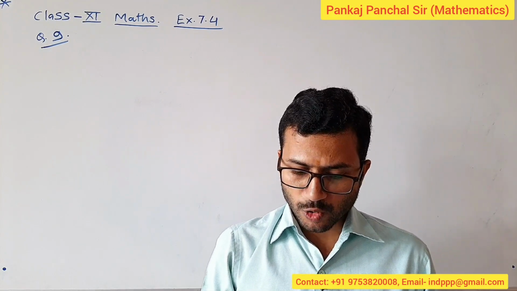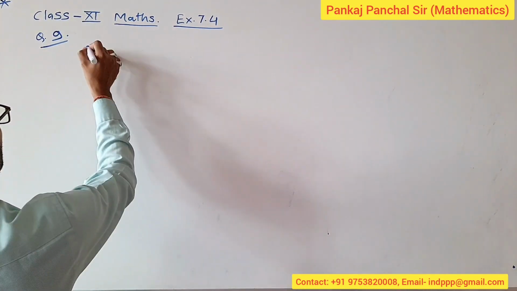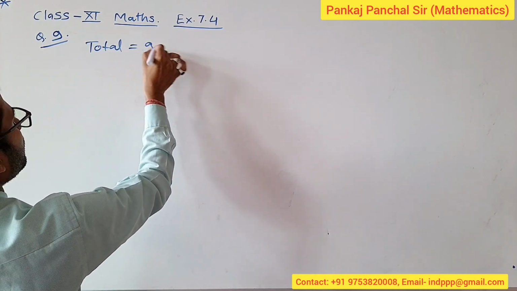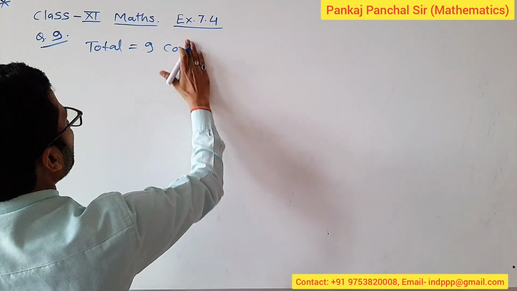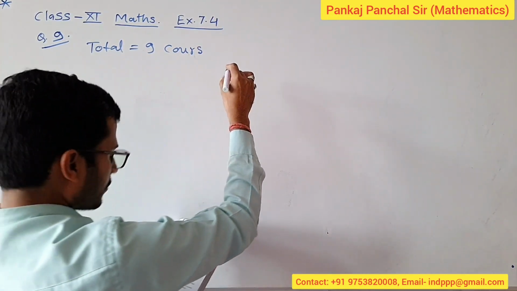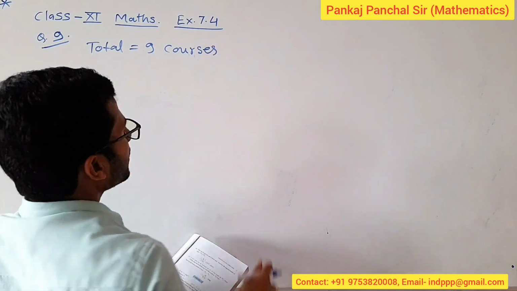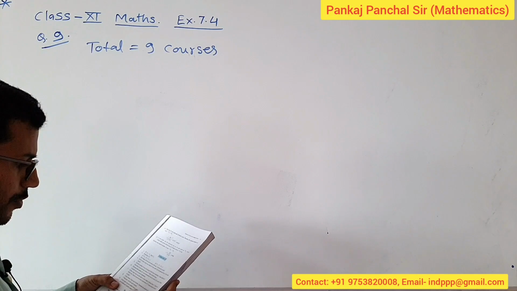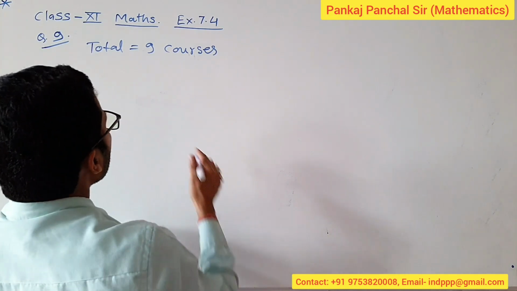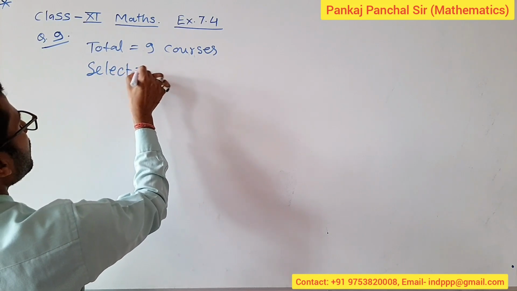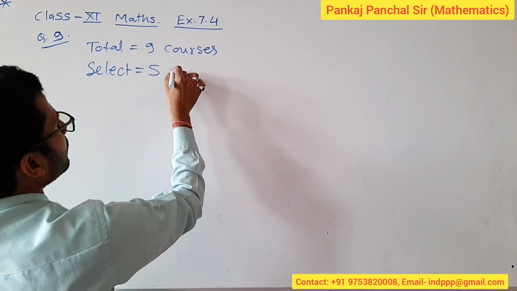Okay, it means a total of 9 courses are given and we have to select a program of 5. So we have to select 5 from 9.